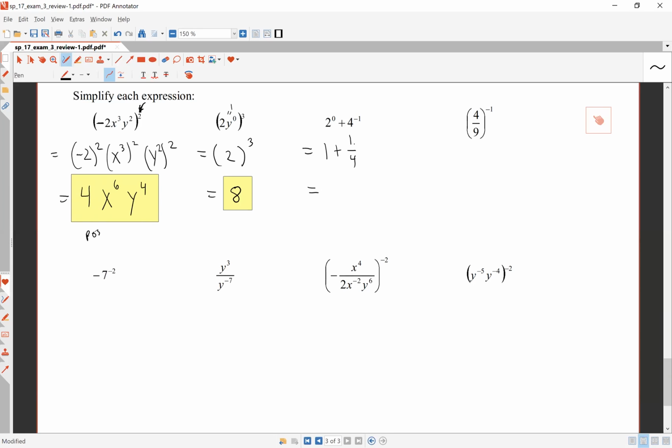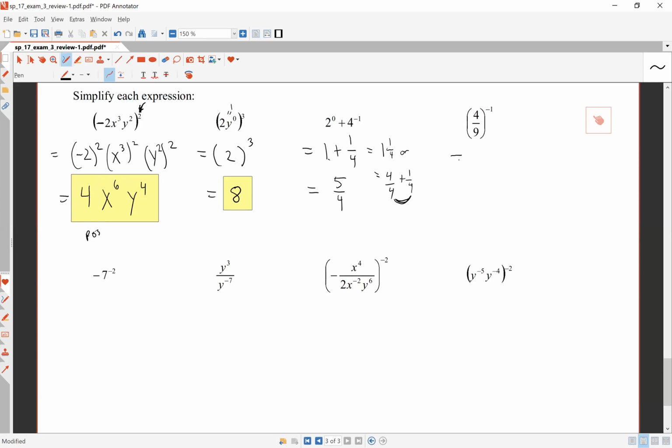You can do that by either writing 1 and 1/4 or by converting the 1 into 4/4, because I need a common denominator there of 4.